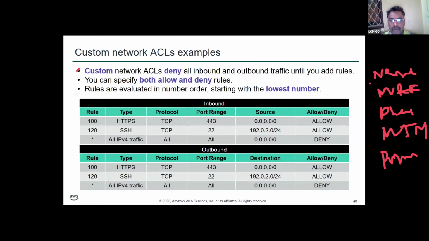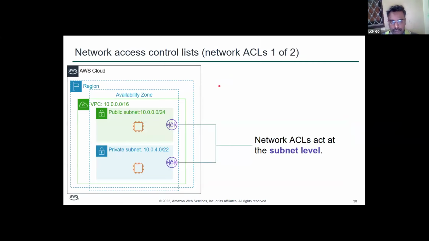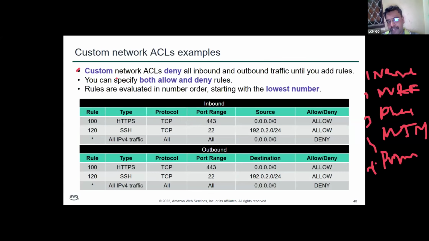This is an order: 1, 2, 3, 4, 5. There we said rules are evaluated before the decision to allow traffic, but it can be in any order. But here, rules are evaluated in number order, starting with the lowest number only. If I mention name first, then the second, third, fourth, fifth, I have to follow this order.